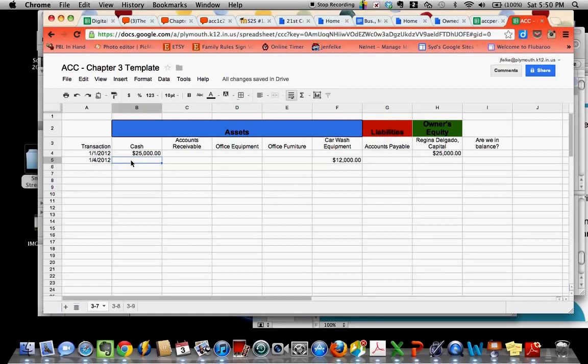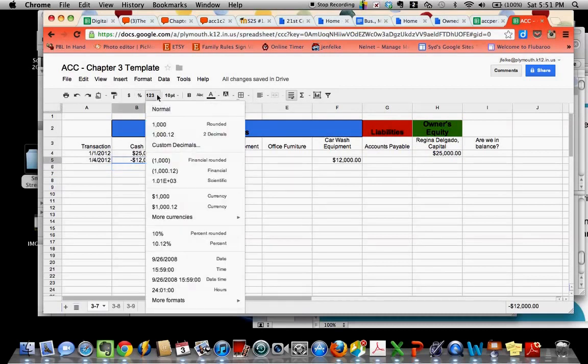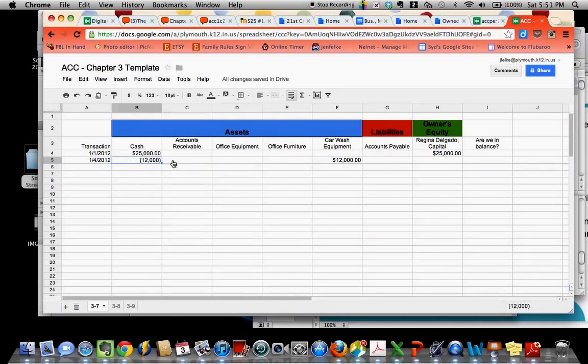So if we use cash to buy something, that cash account is going to go down. So I'm going to put a negative sign in there. That cash account goes down. Sometimes I know in Excel numbers it'll let you make it a negative number. Well, let's go ahead and just leave it with the dollar sign. Anyhow, you can see that's negative.